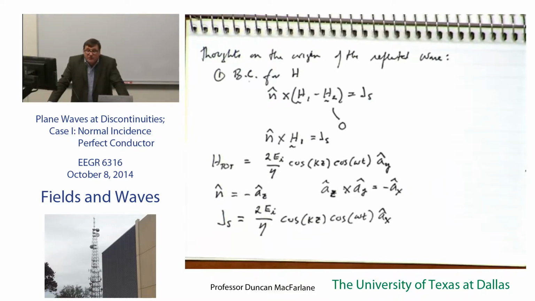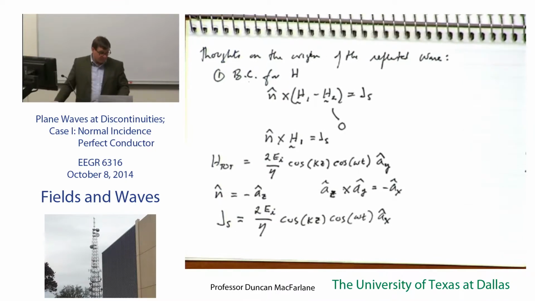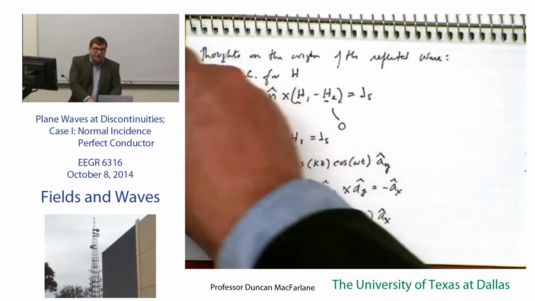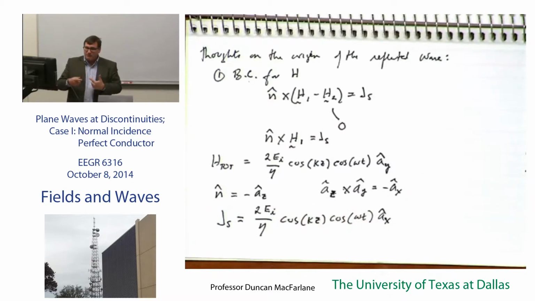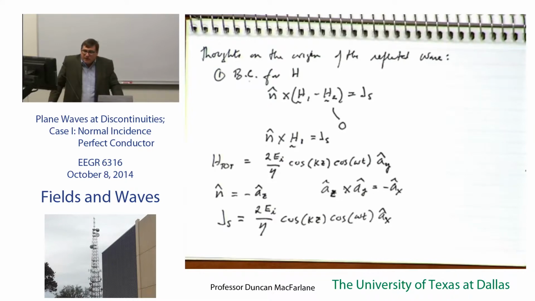So we know that there must be a surface current, and we know the magnitude of the surface current, and we know the direction of the surface current. Now, one of the ways I look at this, and you can decide where things start and stop, is that the magnetic field kicks up the current.